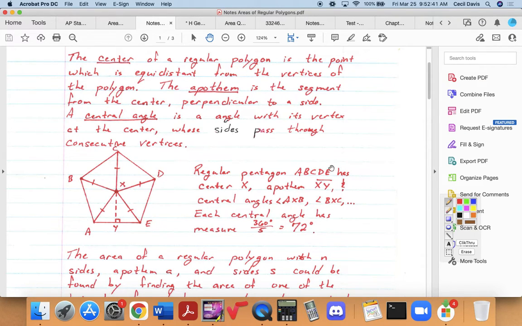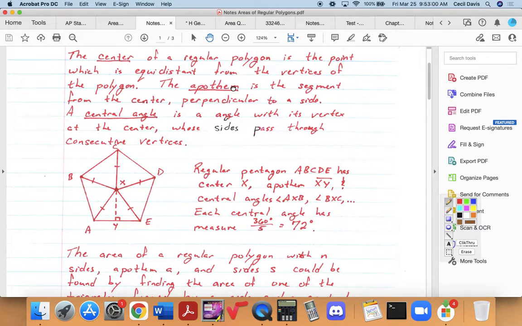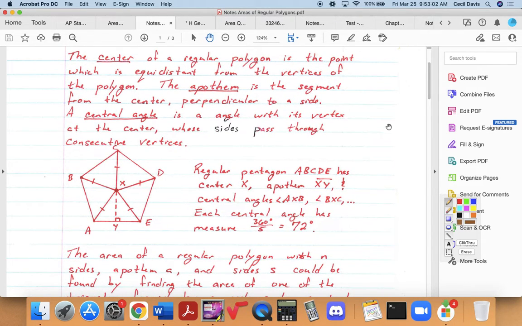Okay? Then here is another new term for you, and it depends on who you ask as to how you should pronounce it. Apparently, the correct pronunciation is the apothem. Although I will say that for years I was around people who said it apothem.